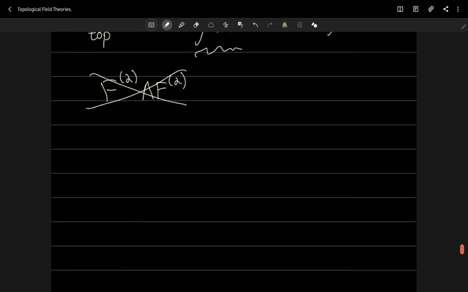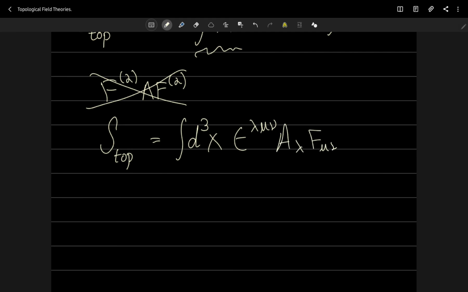But the simplest choice for your topological action is the integral d4, we are talking about 2+1 dimensions, so it would be d3x, and your Levi-Civita will have 3 indices, so lambda mu nu, and we would have A lambda F mu nu, right?